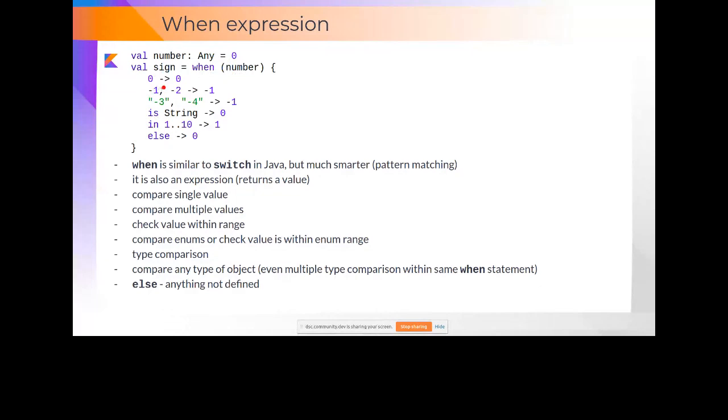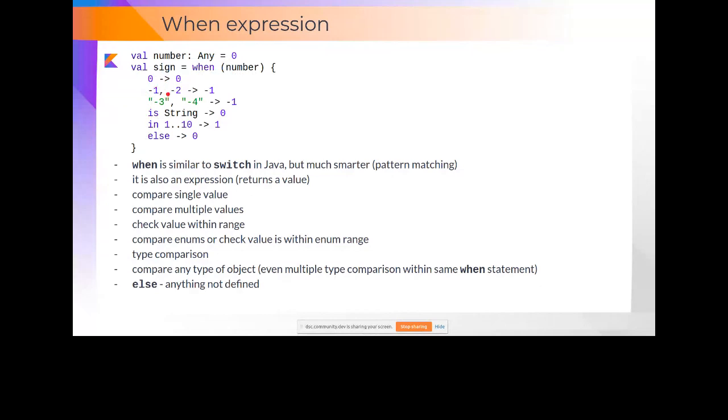Here are some conditions, and if any of the conditions is fulfilled, an expression will be evaluated. And when is also an expression, so it also has a return value. The last statement is an implicit return, and it allows you to do much more than you would do with switch in Java. In Java, with switch, you can use mainly primitives, enums, and strings.